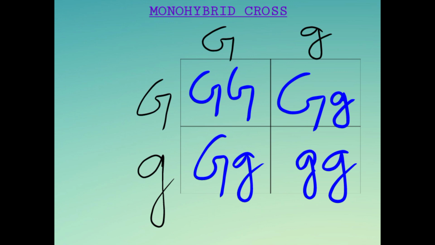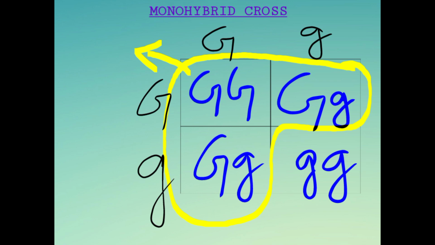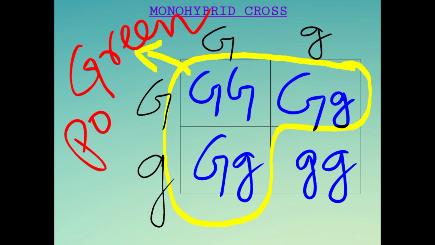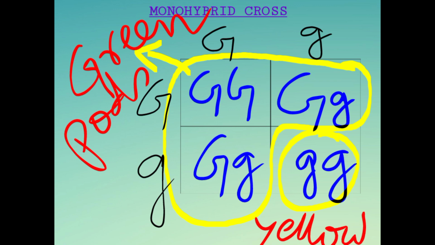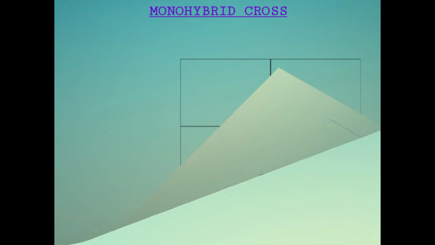Now if we come here, in all these three cases we'll be getting green pods, and only for this case we'll be getting a yellow pod.